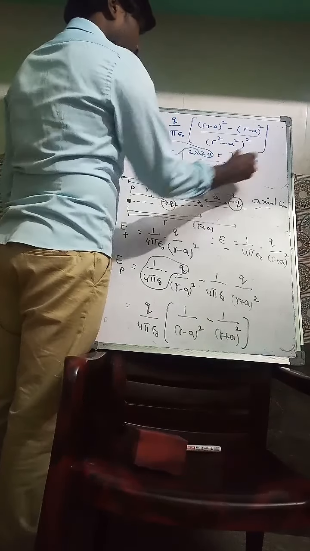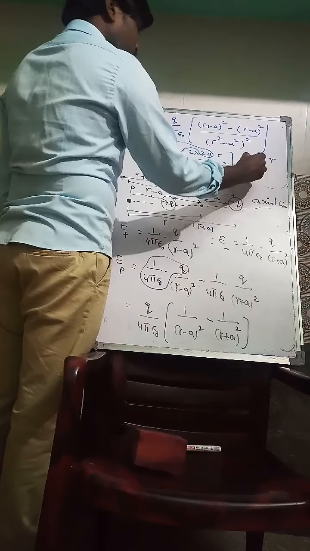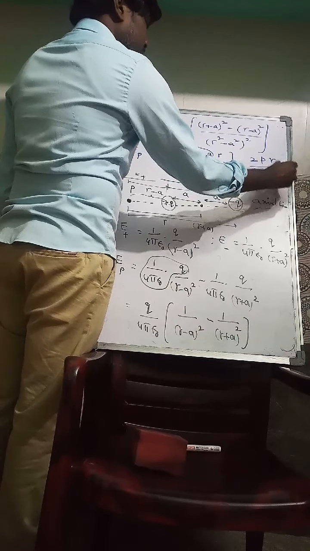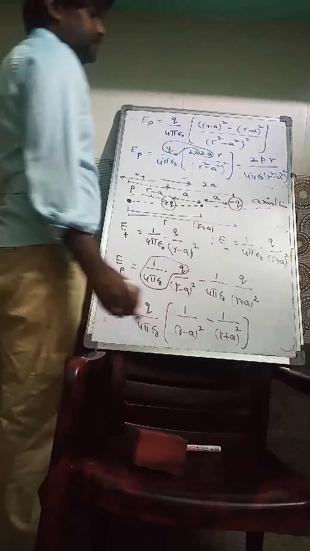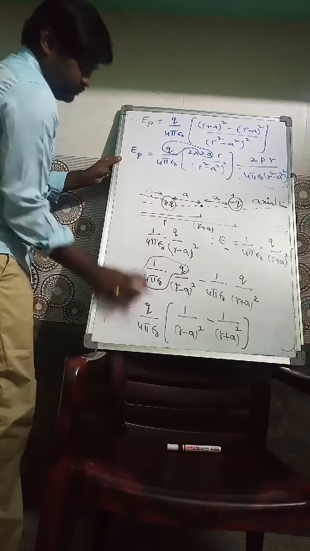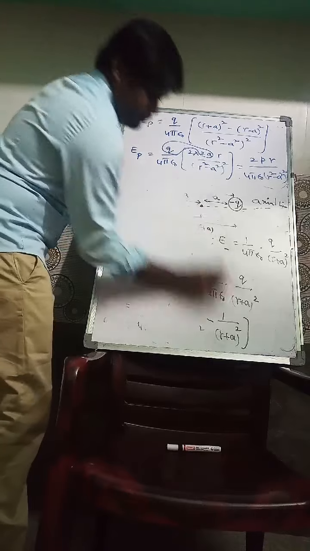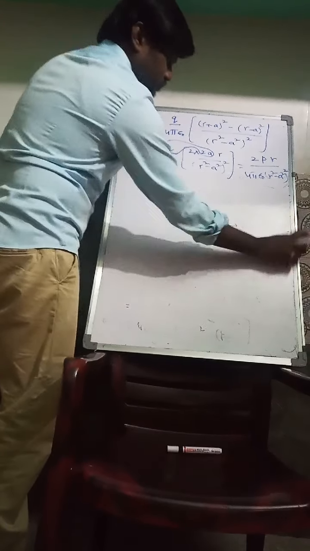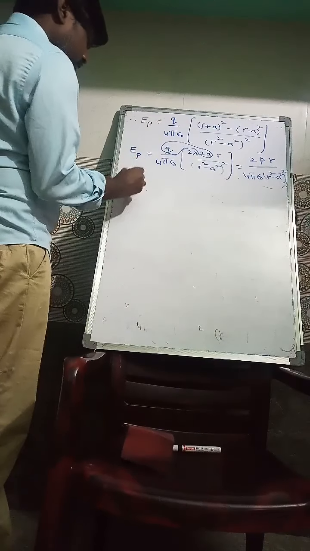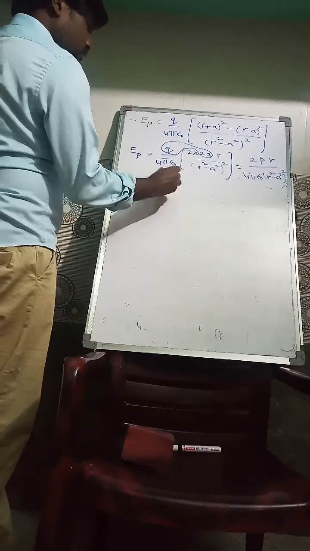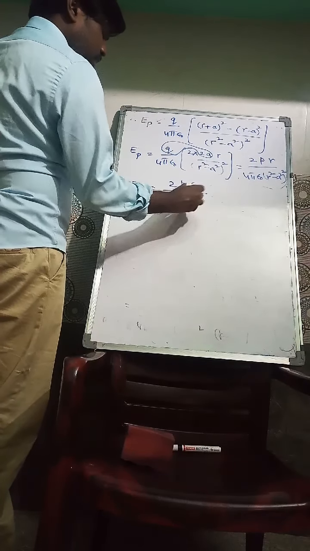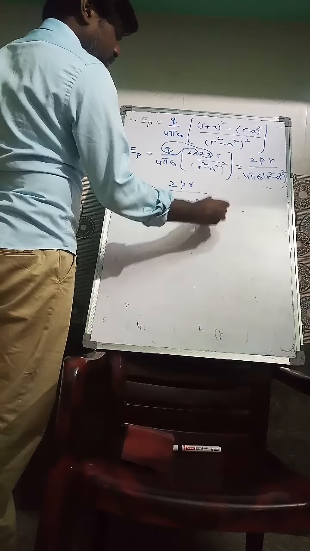So this is 2 into dipole moment into R by 4 pi epsilon naught into (R square minus A square) whole square. So finally what we got, EP is equal to 2PR by 4 pi epsilon naught (R square minus A square) whole square.